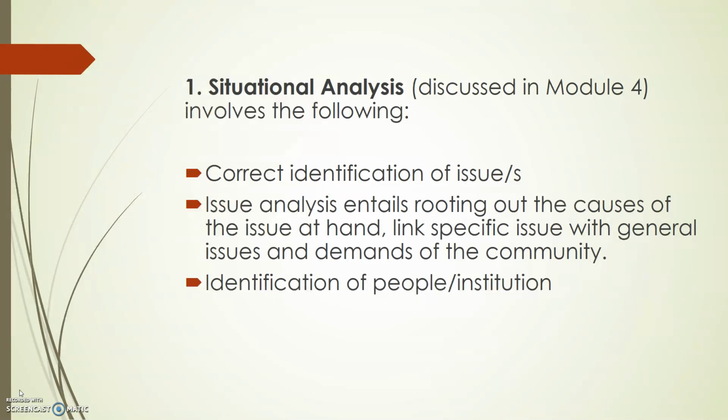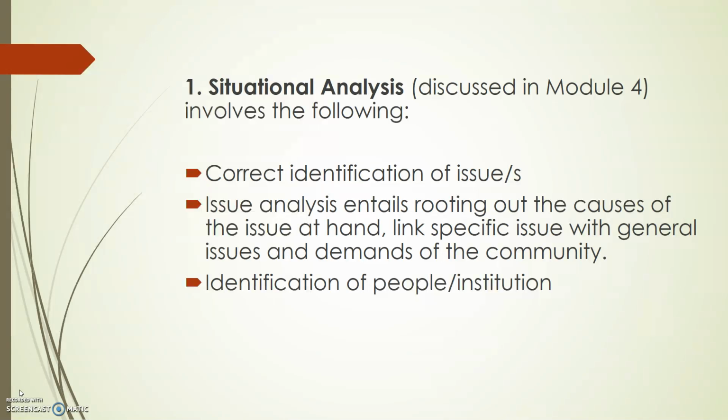But in relation to campaign, situational analysis involves the following: correct identification of issues, then the issue analysis entails rooting out the causes of the issue at hand, linking the specific issue with general issues and demands of the community, and it also involves identification of people or institutions.